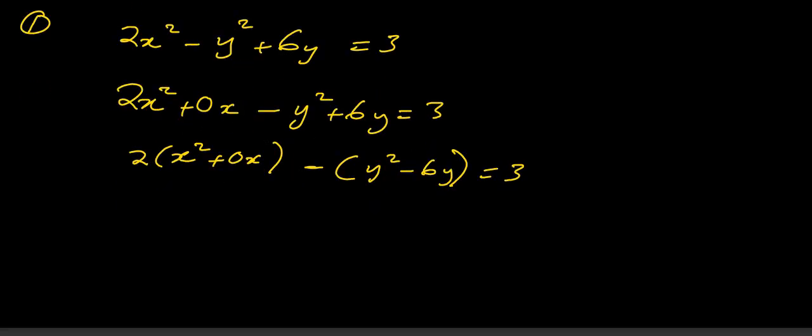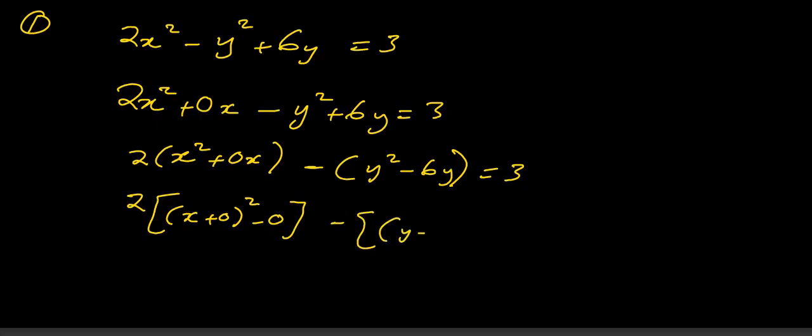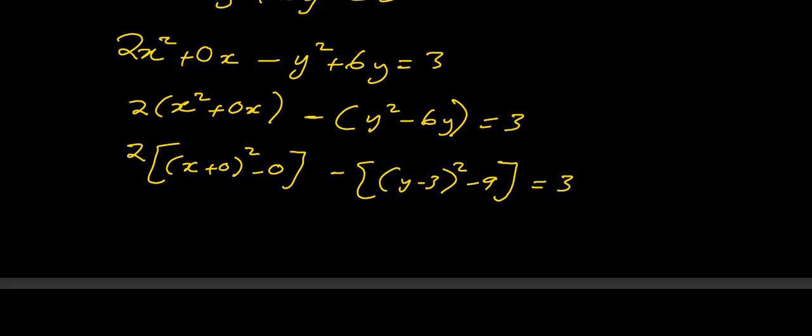So I'll complete the square of this part and of this part. So it's going to be 2 times x plus 0 squared, then minus 0. Then here I get y minus 3 squared minus 9, the square of this 3. Are you okay up to this point here, Charles?